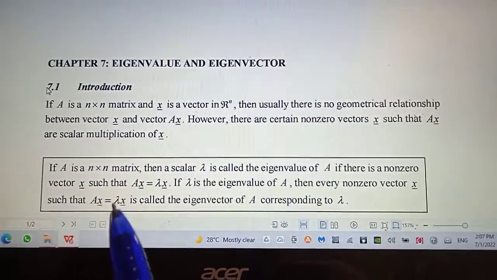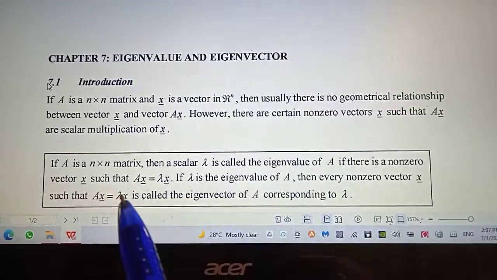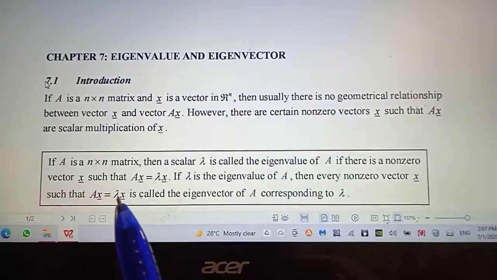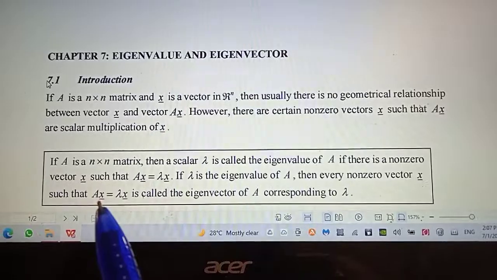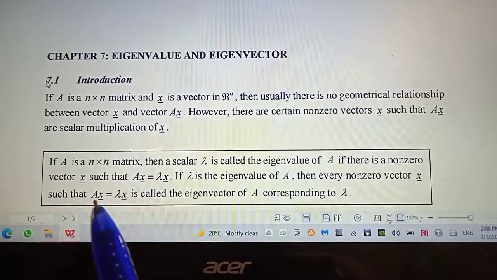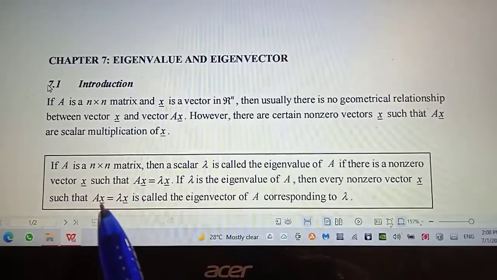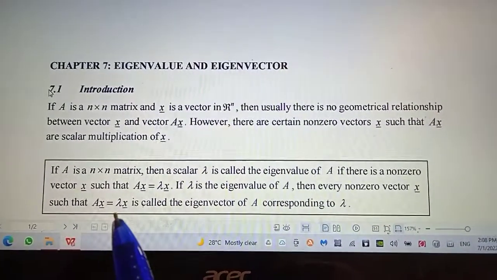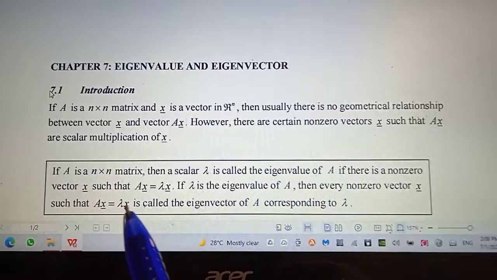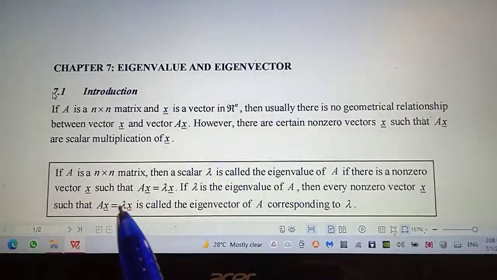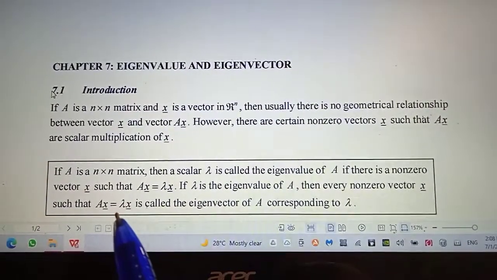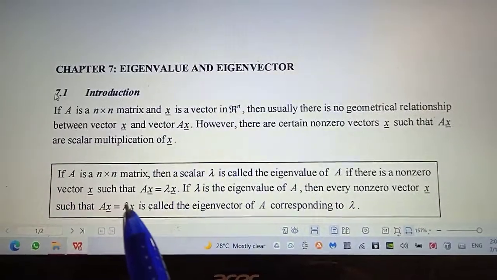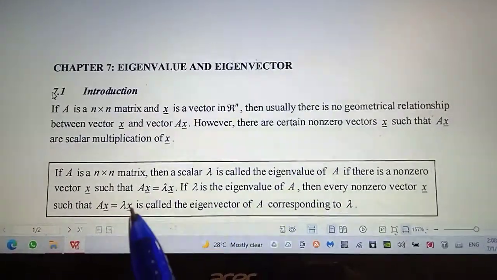So this is what we call eigenvalue. We want to find the eigenvalue that represents a matrix A, where Ax is a product of matrix and vector x, and it is equal to lambda, the corresponding scalar for matrix A, also multiplied by vector x.